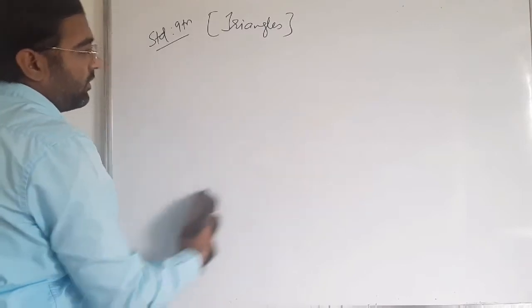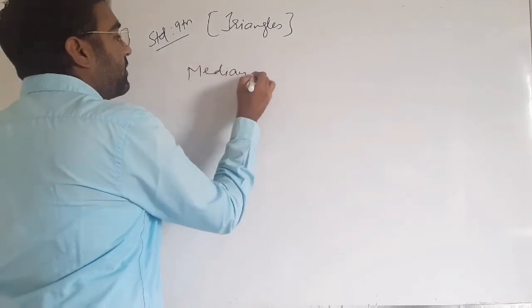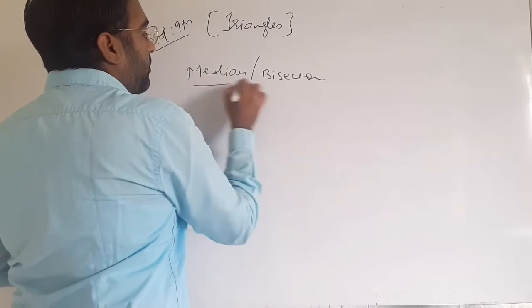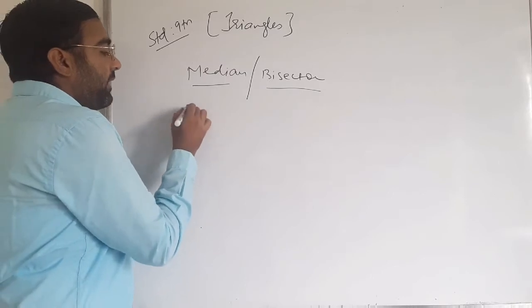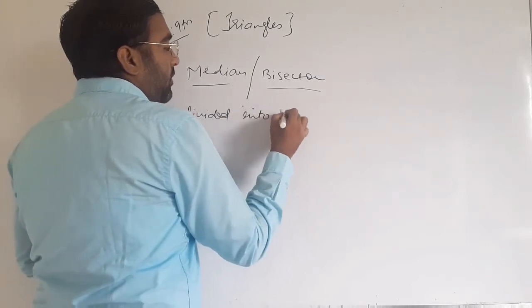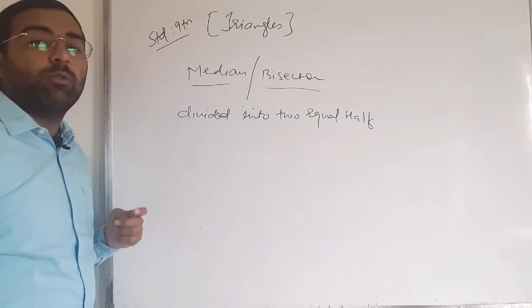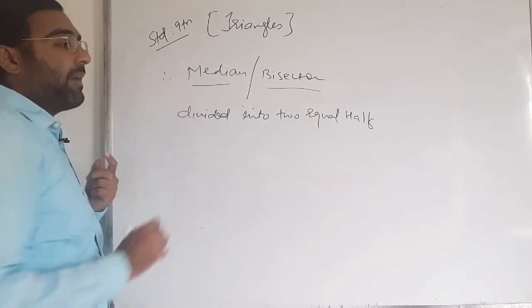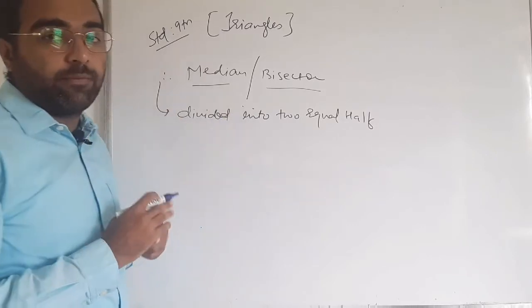Whenever we use the term median or bisector, it means divided into two equal halves, or two equal parts.